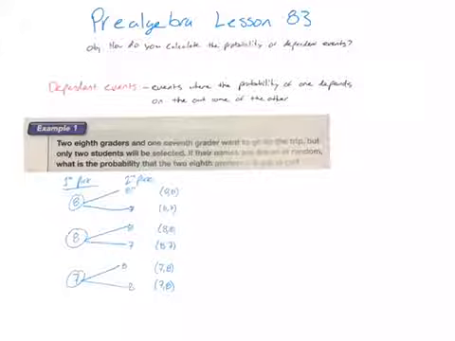So notice our favorable outcomes, the ones that have both 8th graders, are just this one and this one. And also notice that there are 1, 2, 3, 4, 5, 6 different possible outcomes.